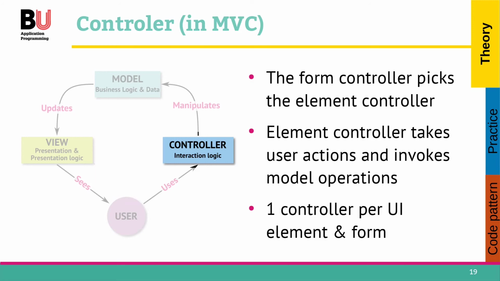Okay, you wanted to add an address, or this text box represents a name, things like that. So how do you do this? This invokes model operations. Again, it's a one-to-one relationship between the controls, or the thing that the user sees.